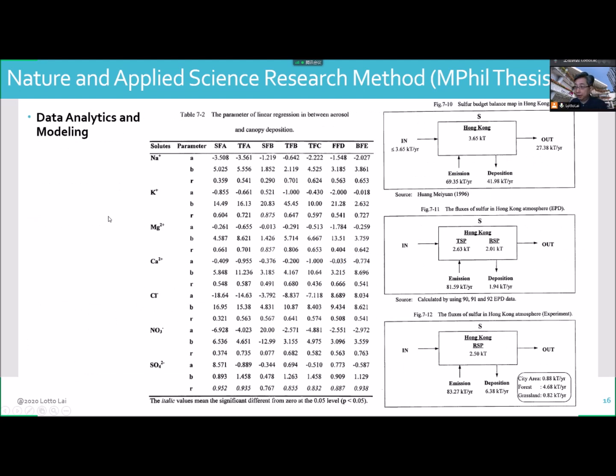At the end, I calculate the budget with some assumptions, and also calculate the emission and deposition of sulfur in the Hong Kong atmosphere.